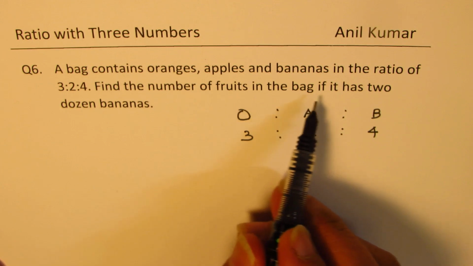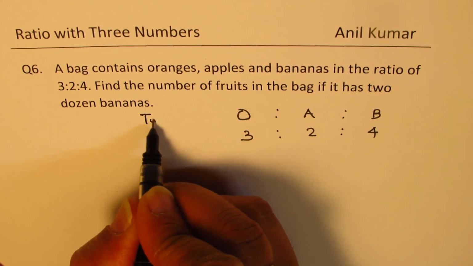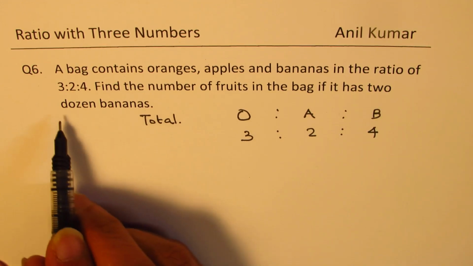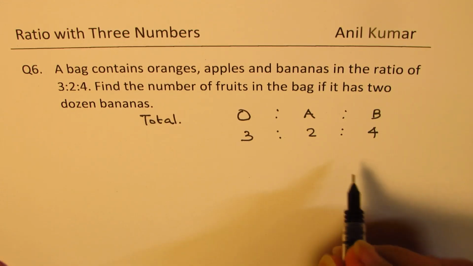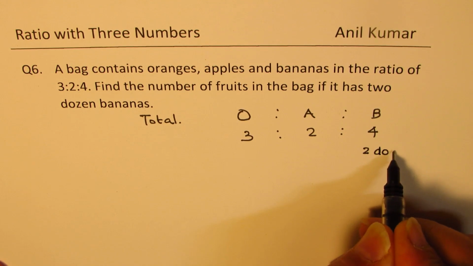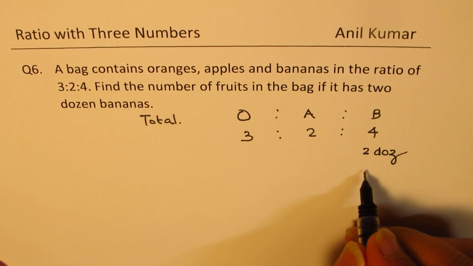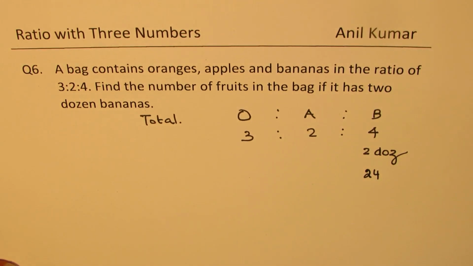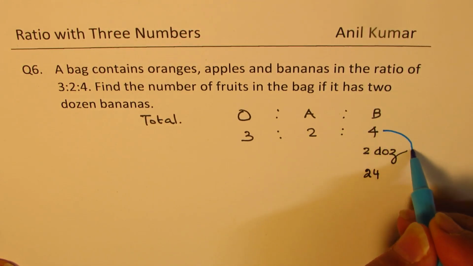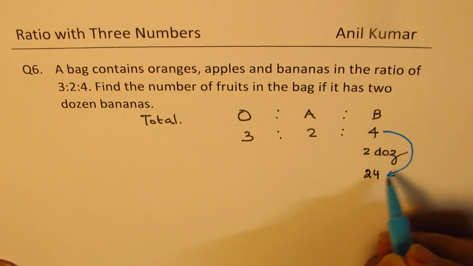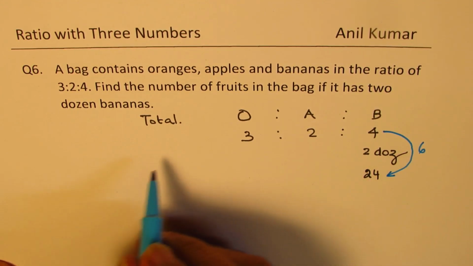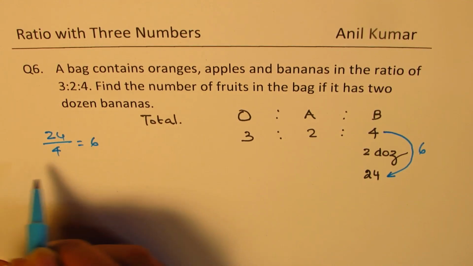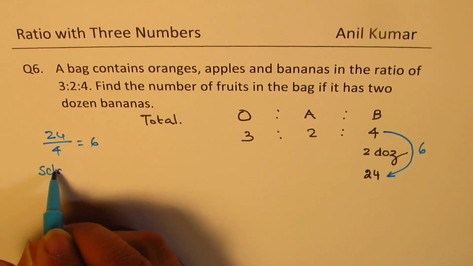Find the number of fruits in the bag if it has 2 dozen bananas. We want to find the total, right? 2 dozen bananas means 24 in numbers. So the scale factor is 24 divided by 4, which gives 6 as our scale factor.